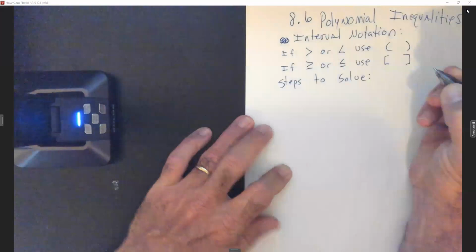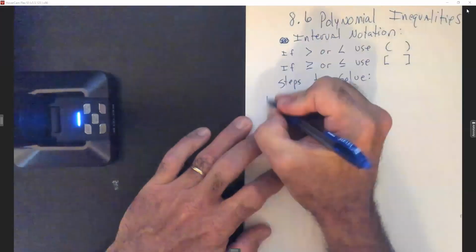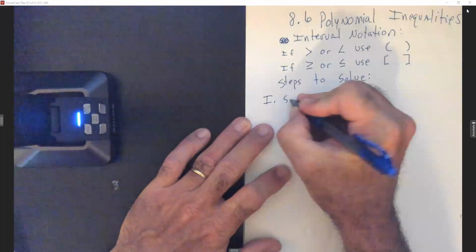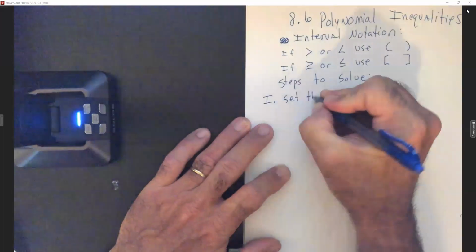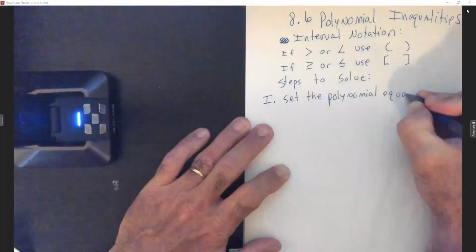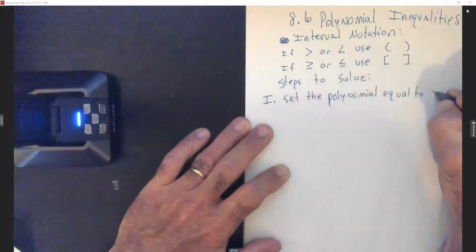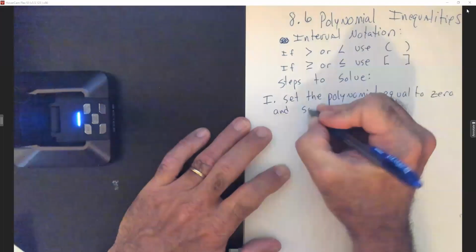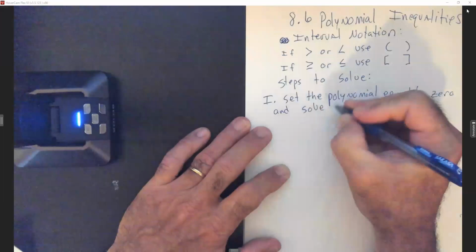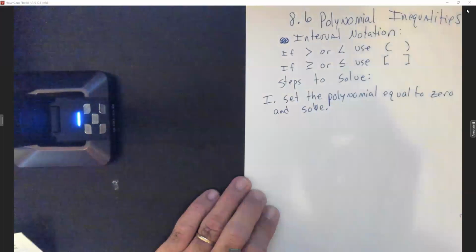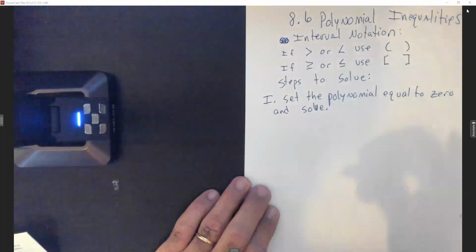All right, so the first thing I do is I set the polynomial equal to 0 and solve. All right, so set that polynomial equal to 0. You're going to solve it.